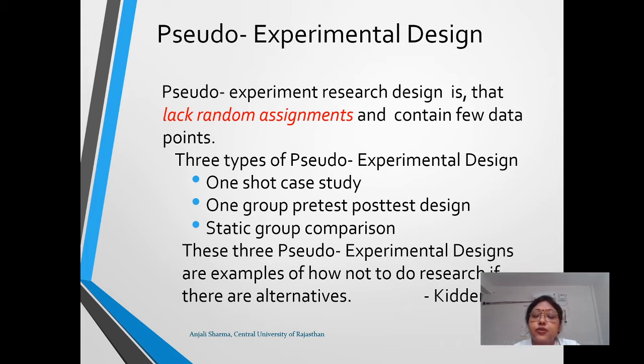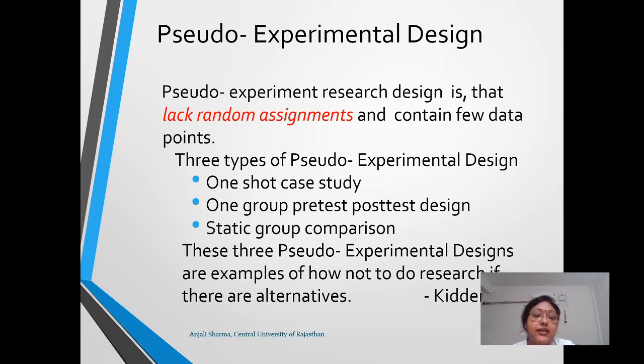There are three types of pseudo-experimental design here. The first is the one shot case study. It means you find out, as per the context of your research problem, where a particular kind of intervention is already running, and you just go there and administer your questionnaire, and then you get the data and come back.